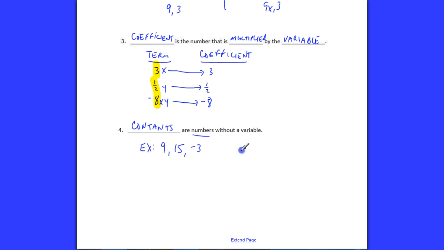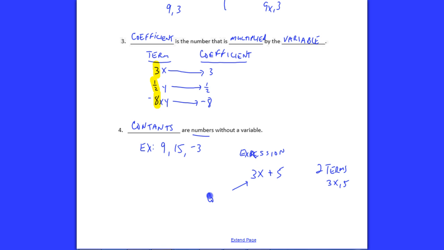So let's say I had this expression, write this down as well. Expression, there's an R in there. Let's say I had the expression 3x plus 5. For that, there are two terms, and the two terms are 3x and 5.